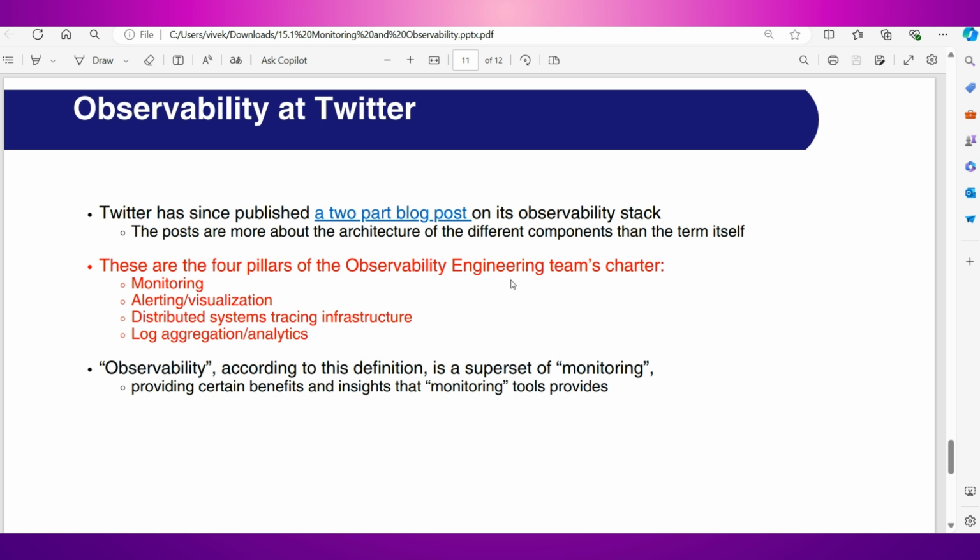And here is the case study: observability at Twitter. Twitter uses observability extensively to ensure its systems run smoothly. Their approach includes monitoring with regular health checks, alert visualization with tools to visualize data and send alerts, distributed system tracing, which is like tracing the flow of data throughout various systems, and collecting and analyzing logs for better insights.